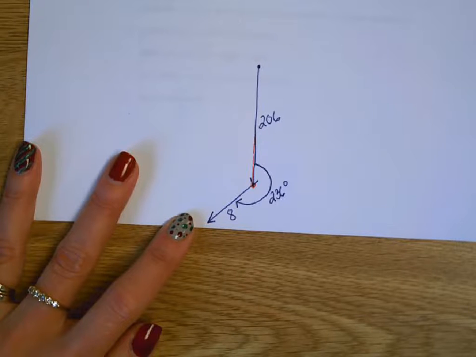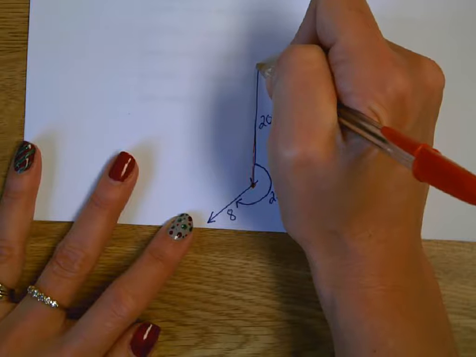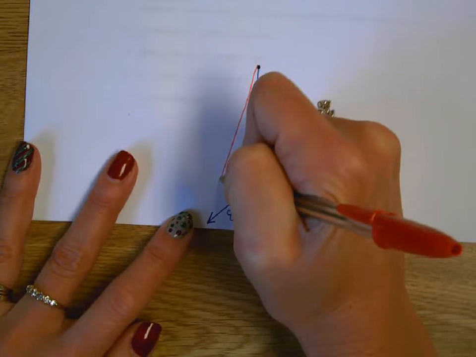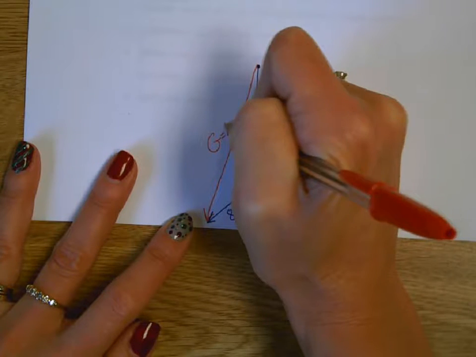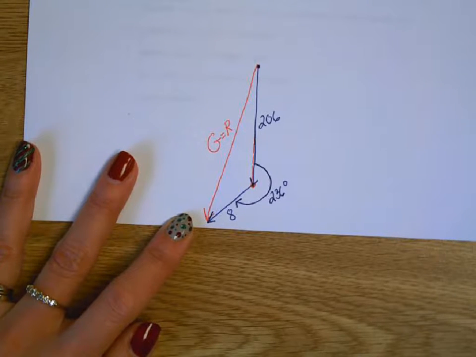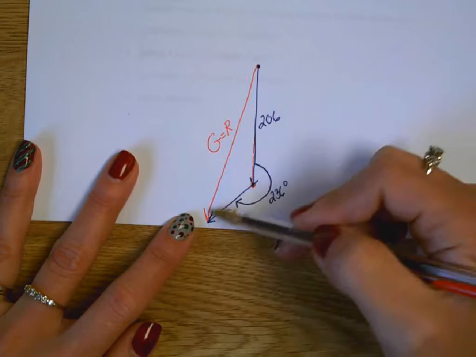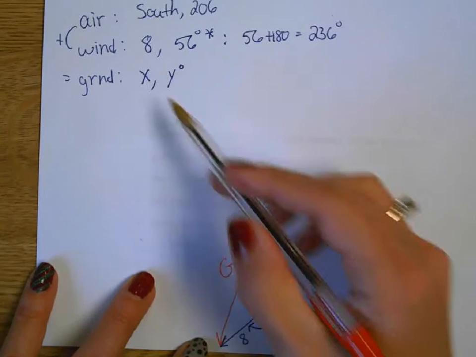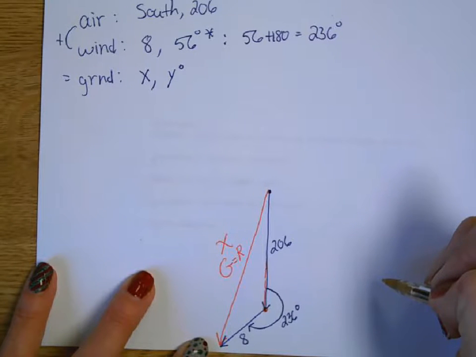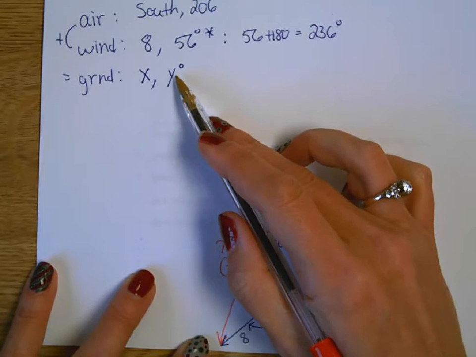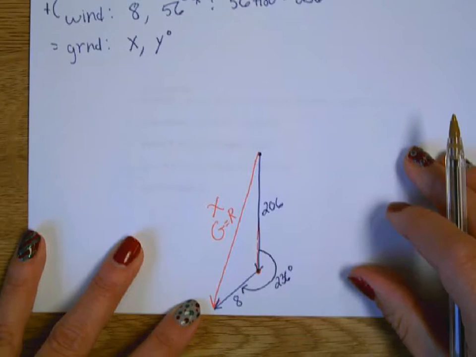Now we draw in the resultant, which is the ground speed vector. That's going to start here at the beginning, finish here at the end of the wind. This is ground speed, which we know is the resultant. So if I look at my labels, the length of that side is my speed, I've called that x. That's one thing I want to know. And the other one is the direction, the bearing of that red vector.